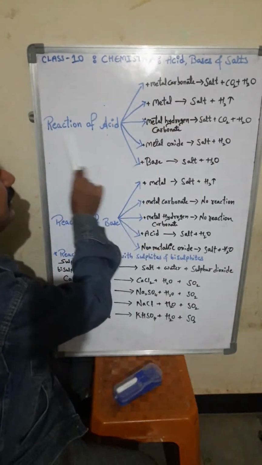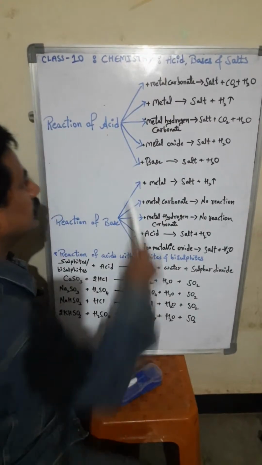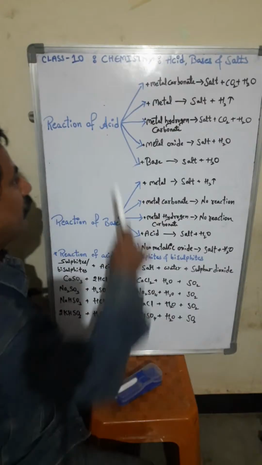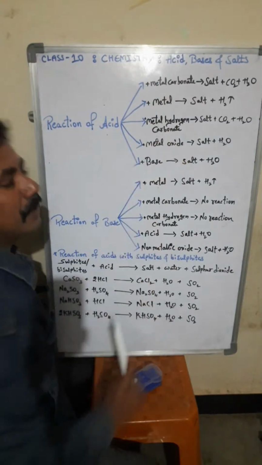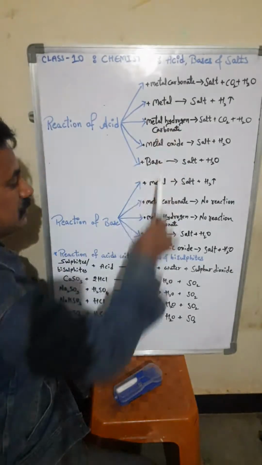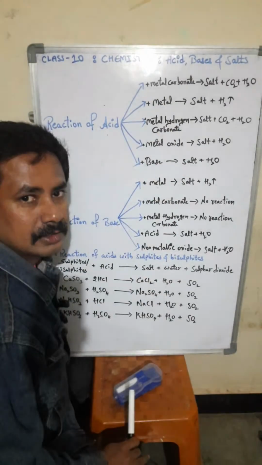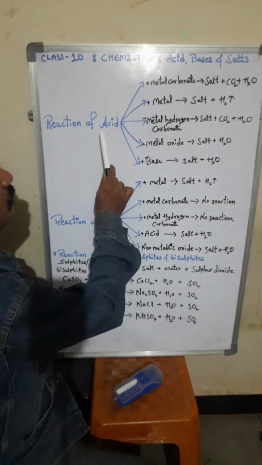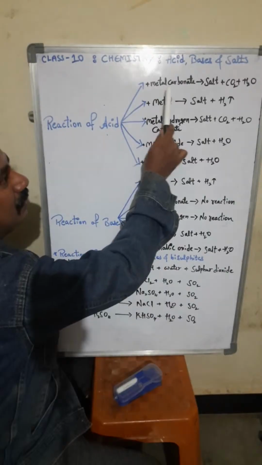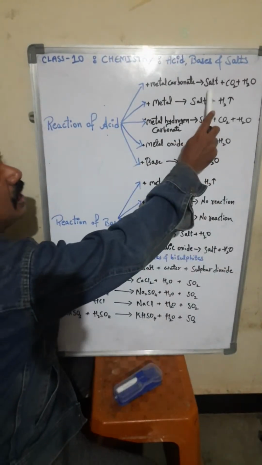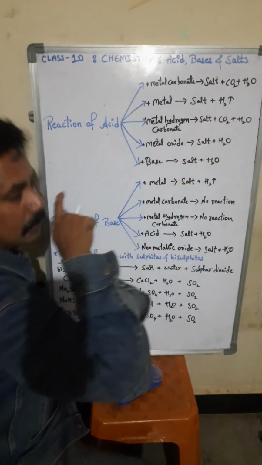Reaction of acid with metal carbonate. When acid reacts with metal carbonate, we have seen so many examples. This is just a quick revision. Acid and metal carbonate, when they combine, what will be the result? Salt plus carbon dioxide plus water.